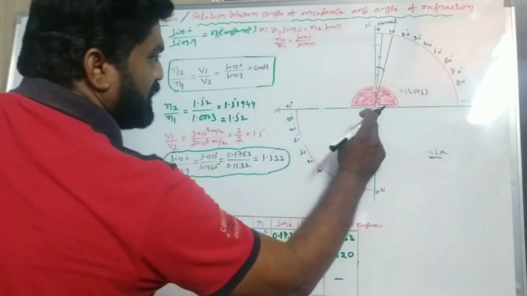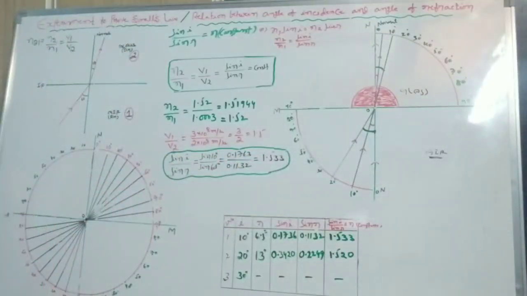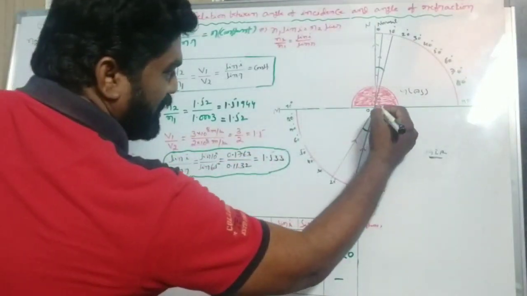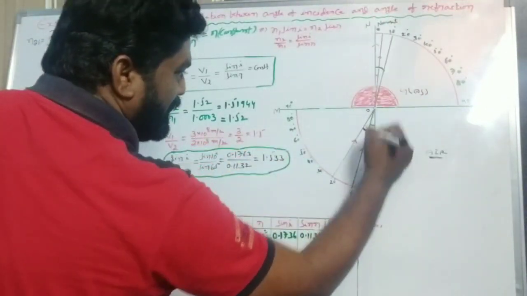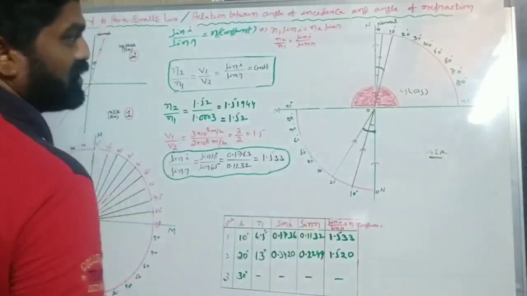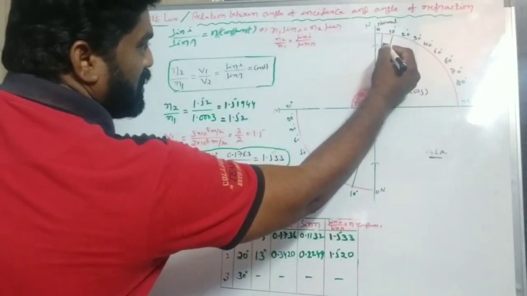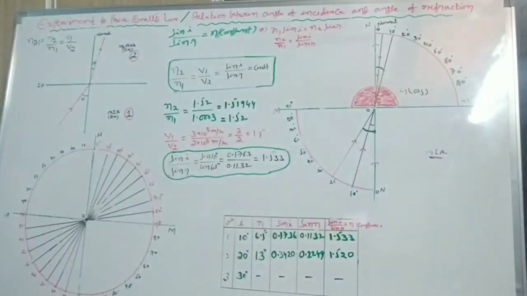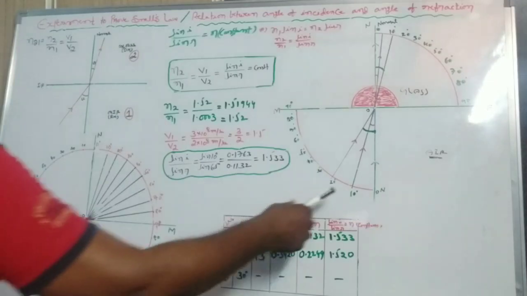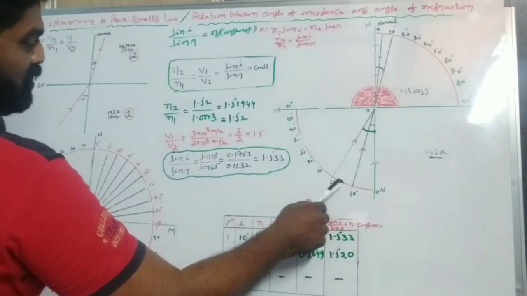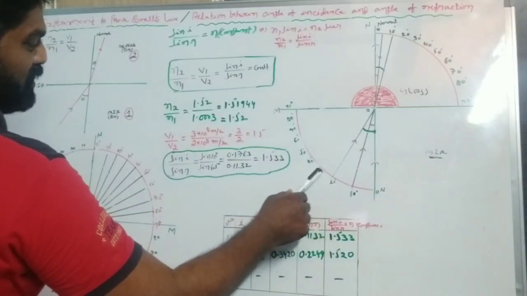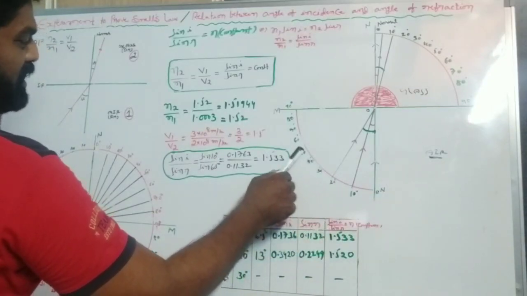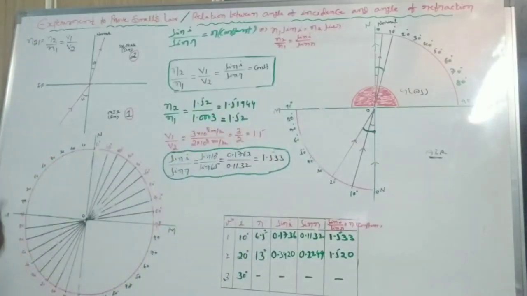The angle between the normal and the incident ray is the angle of incidence. The angle between the normal and the refracted ray is the angle of refraction, right? Repeat the experiment with angles of incidence of 20 degrees, 30 degrees, 40 or 50, whatever.